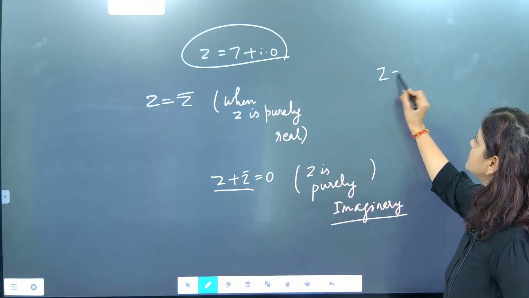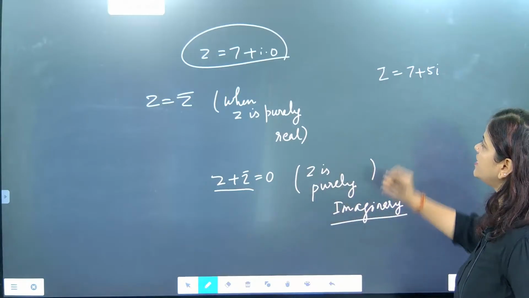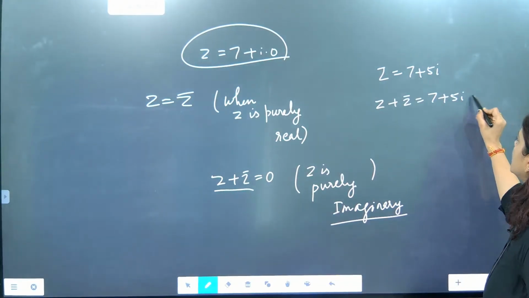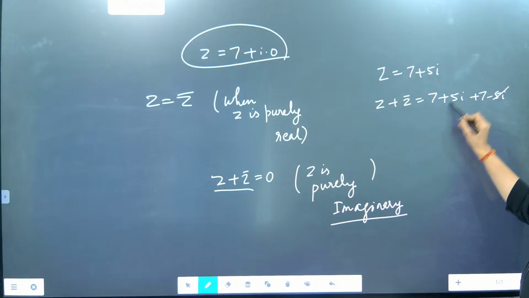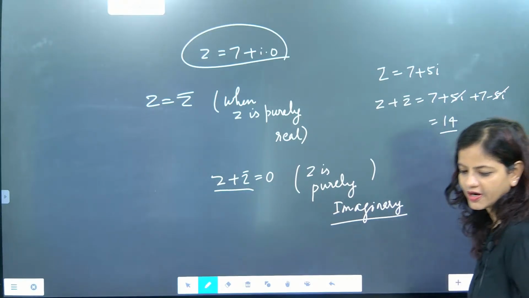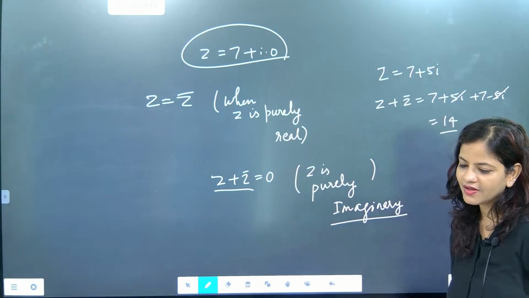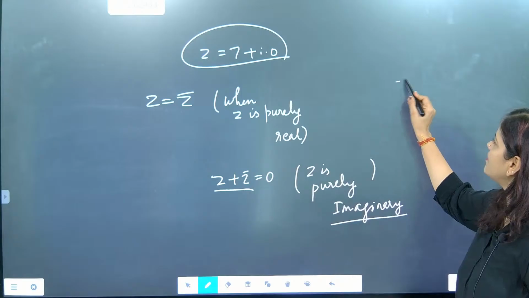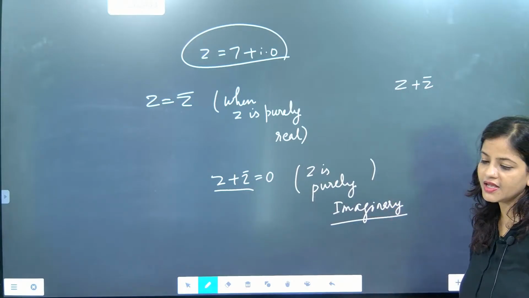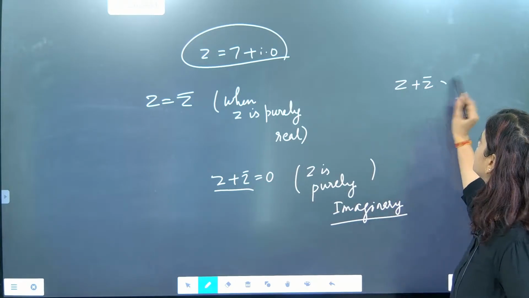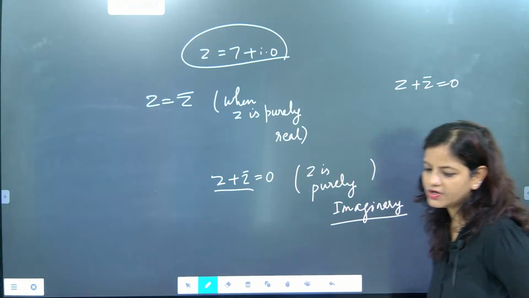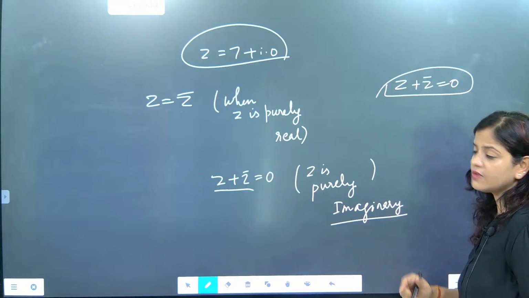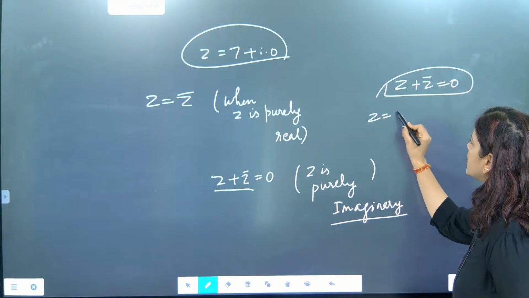Because if we write z is equal to 7 plus 5i, then z plus z bar will give you what, beta? 7 plus 5i plus 7 minus 5i. The imaginary parts will cancel, and it is coming as purely real part. Now when we say z plus z bar is equal to 0, in that case we are going to write 7i.